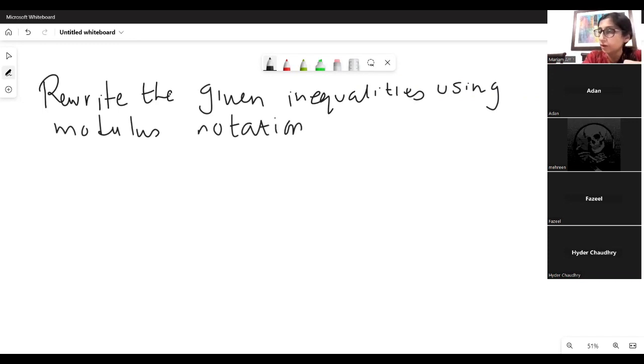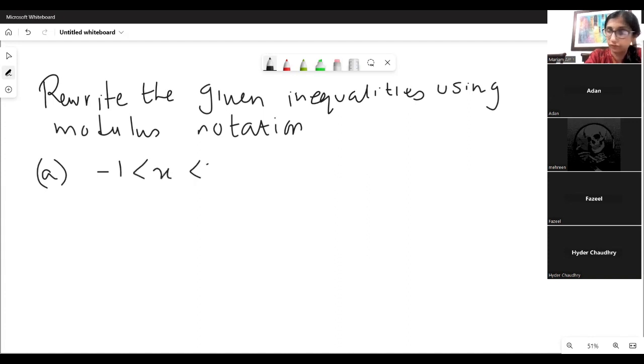Okay, so the first one is, you try doing all of these on your own. फिर मैं थोड़ी देर बाद इसके आंसर्स लिखती हूँ. This is the first one. This is the second one.